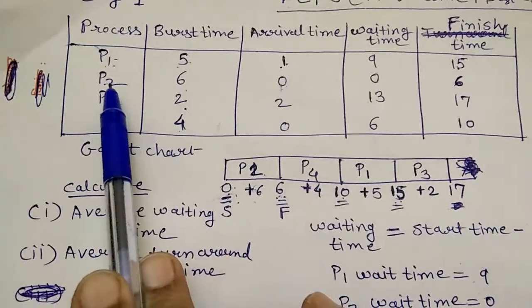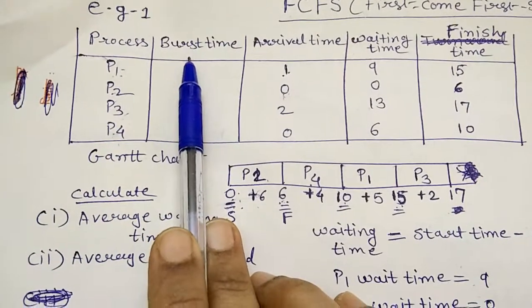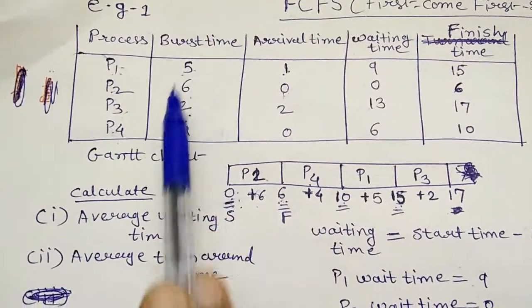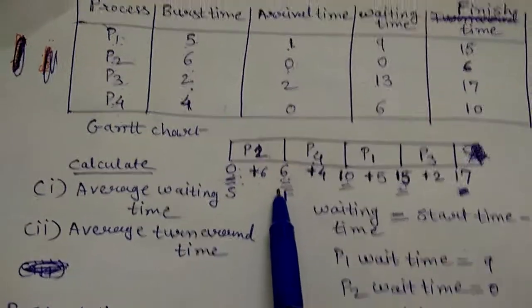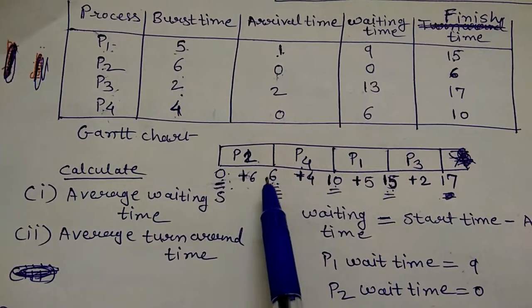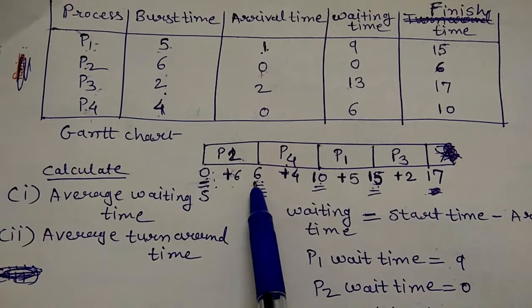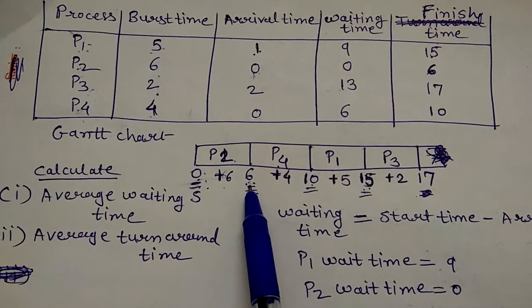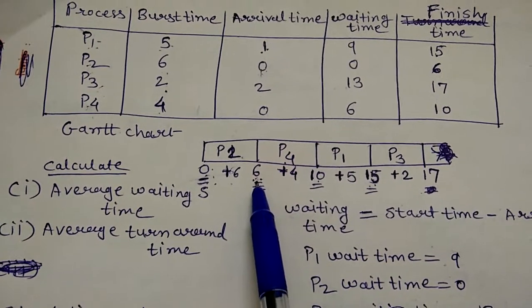Because the time taken by P2 for the burst or for the execution is 6. So 0 plus 6 is 6. So at the sixth millisecond, P2 has finished its execution. It means P2 has completed its execution.